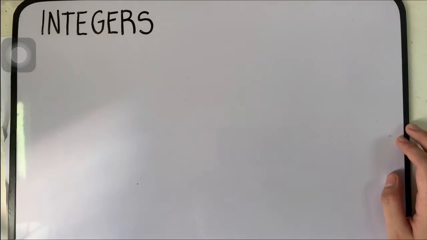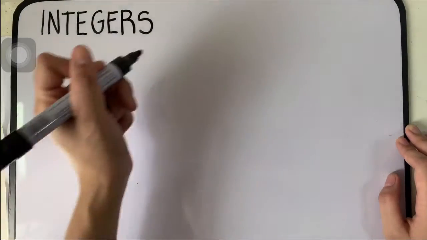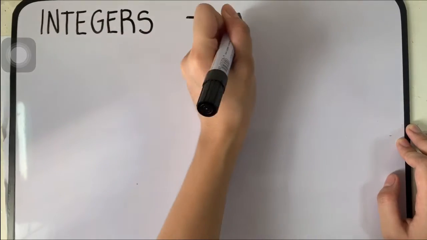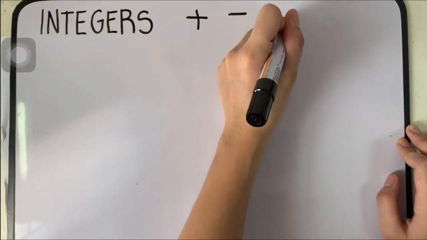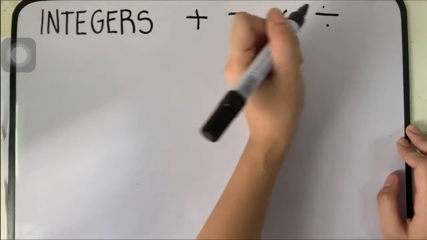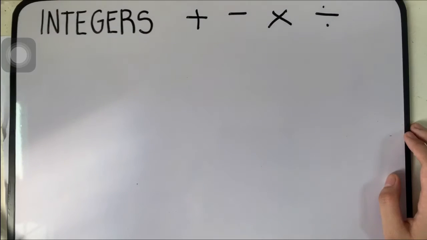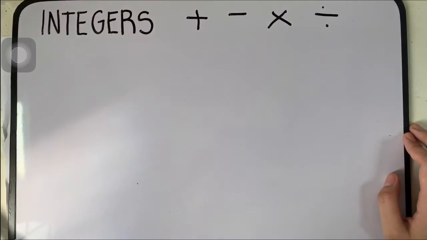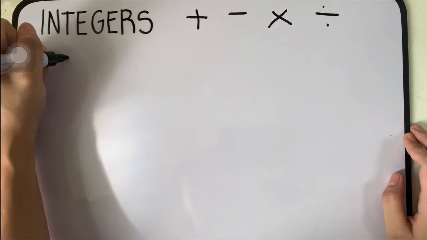In this video, I will be showing you how to add, subtract, multiply, and divide integers. There are two ways of adding and subtracting integers. The first one is by using a number line.